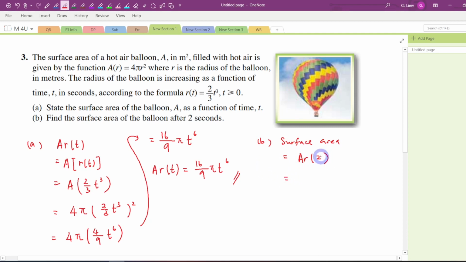Okay, just plug in 2 over here. So 16 over 9 times pi times 2 to the power of 6. Okay, just press your calculator. 16 over 9 times 2 to the power of 6 is equal to 1024 over 9 pi. This is in square meters.